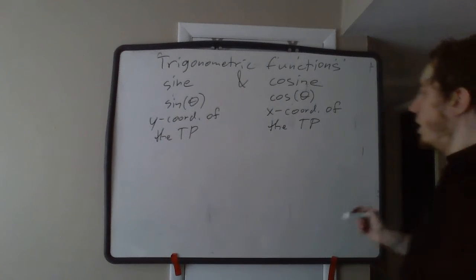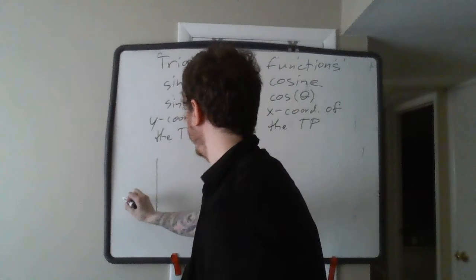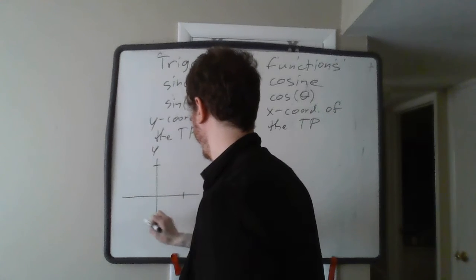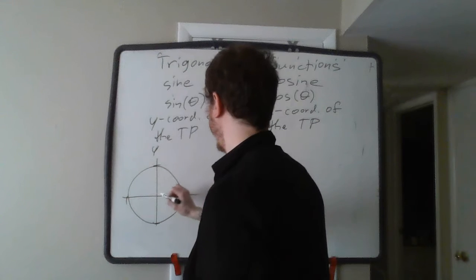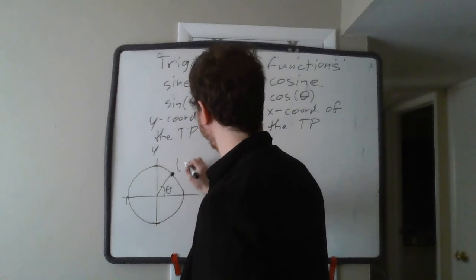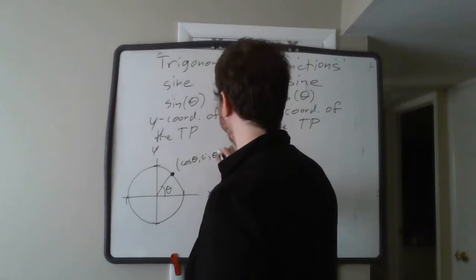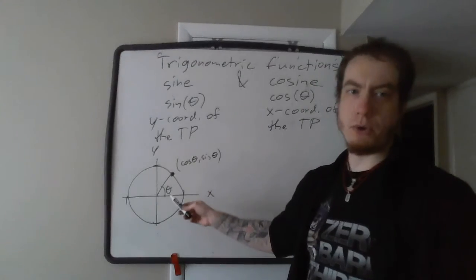Okay, so let me make a little unit circle over here that we can refer back to. Here's my angle theta, and here's the terminal point, and it's going to have the coordinates cosine theta, comma, sine theta. Well, here's one thing to notice.